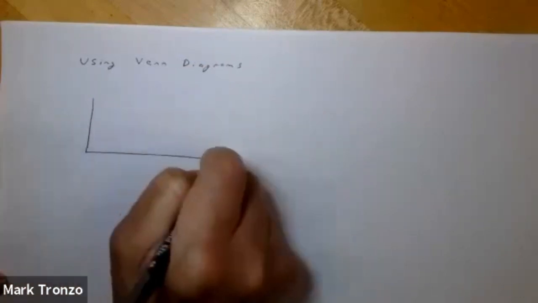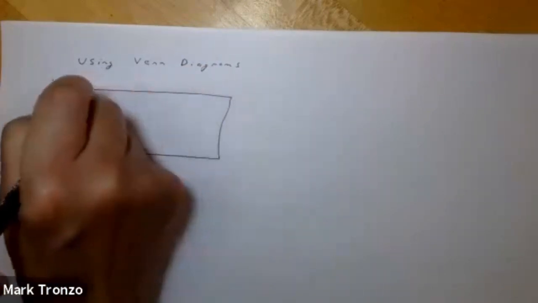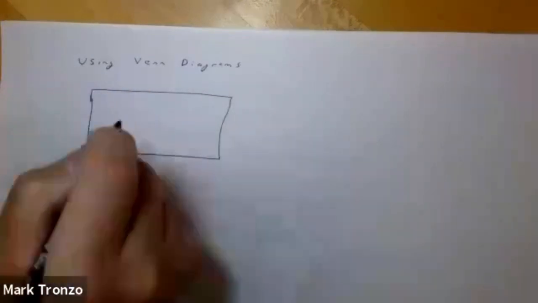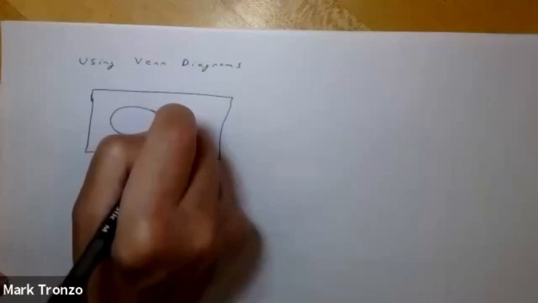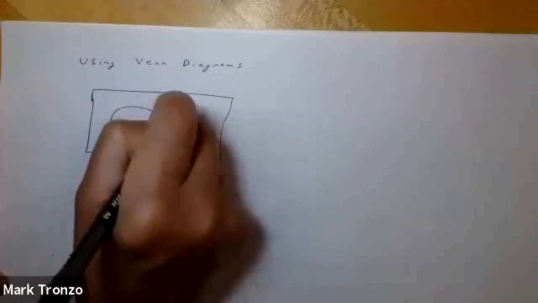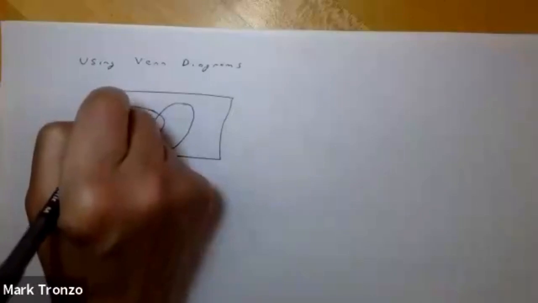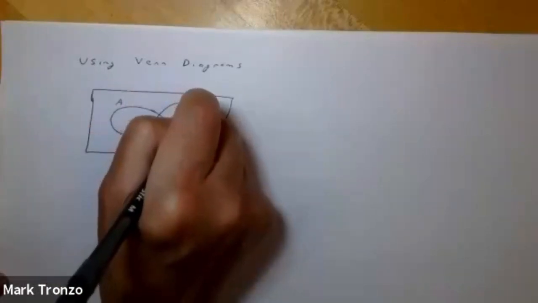So, say, using Venn diagrams, you maybe have something like this, and say A and B are two sets in some bigger set.